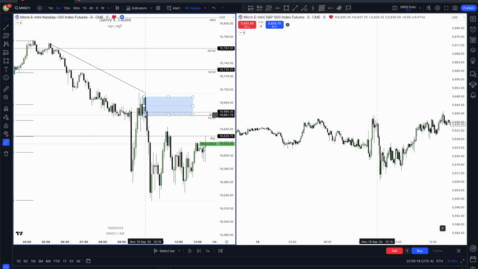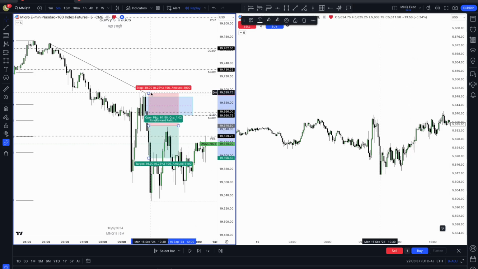So we saw that there was a CB that was formed. You can wait for the CB to be engaged, but it depends on what style of trading you prefer. But in this situation, this is what I do.